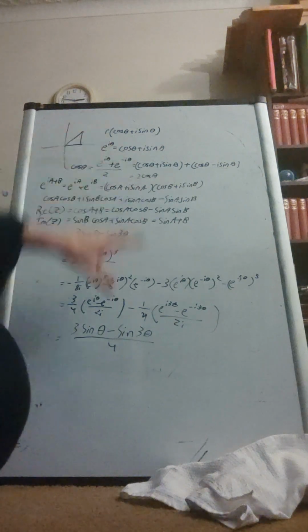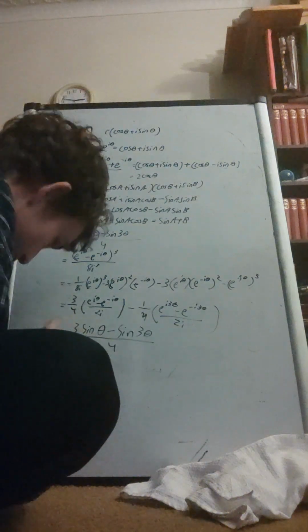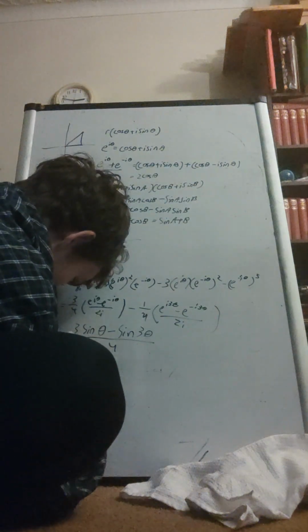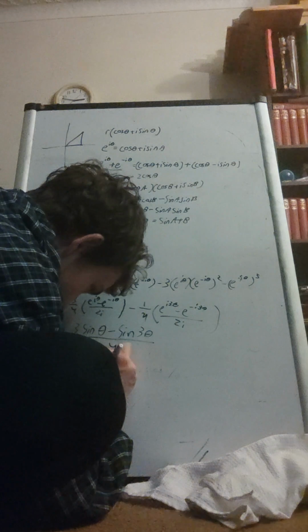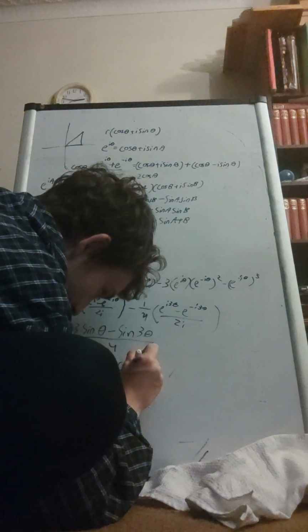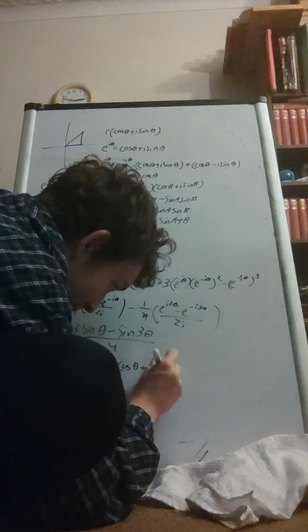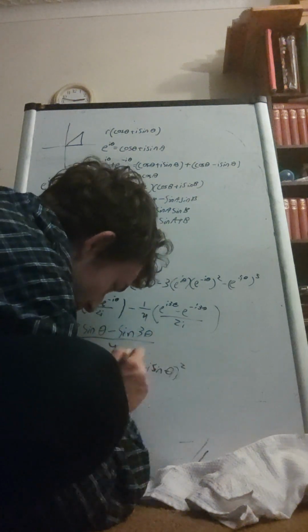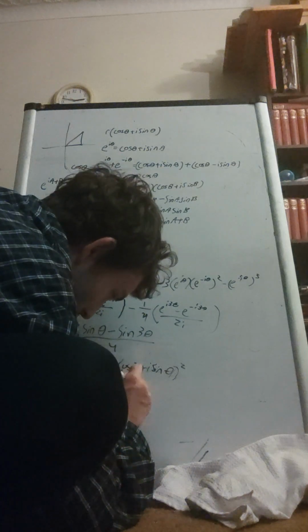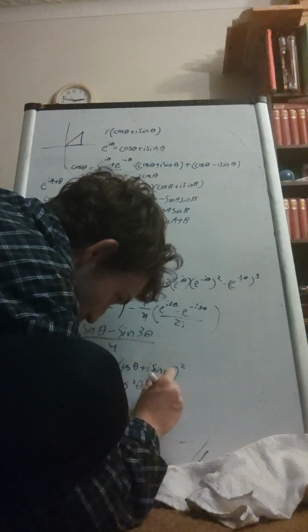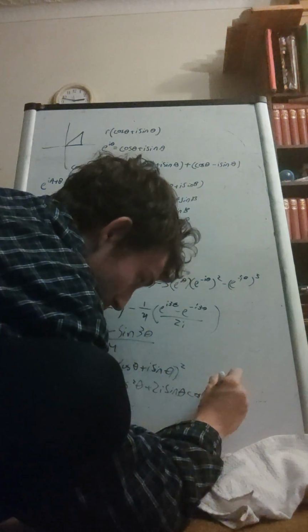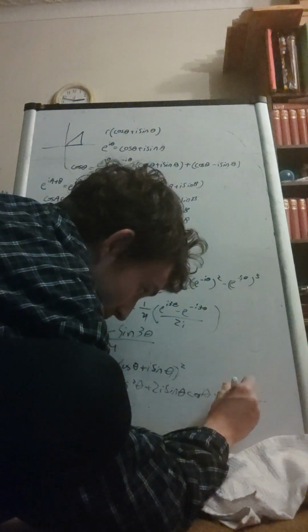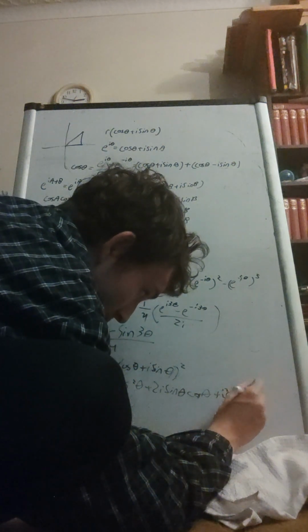Yeah, and there are many other examples too, like for example the double angle formula. I can do that at the bottom here, because that's really simple. Cosine of 2 theta plus i sine 2 theta equals cos theta plus i sine theta all squared, which equals cos squared theta plus 2i sine theta cos theta plus i squared sine squared theta.